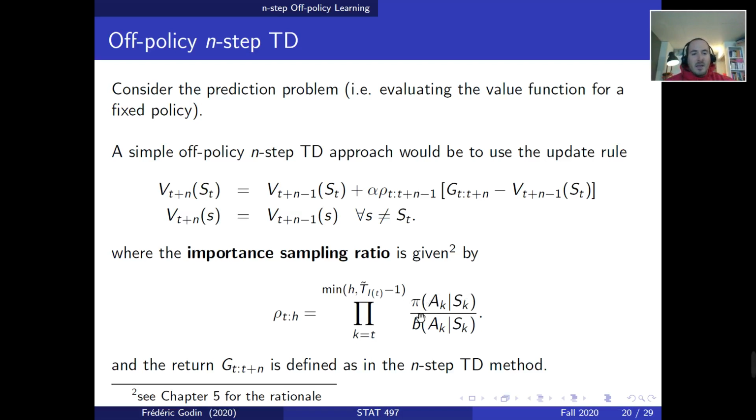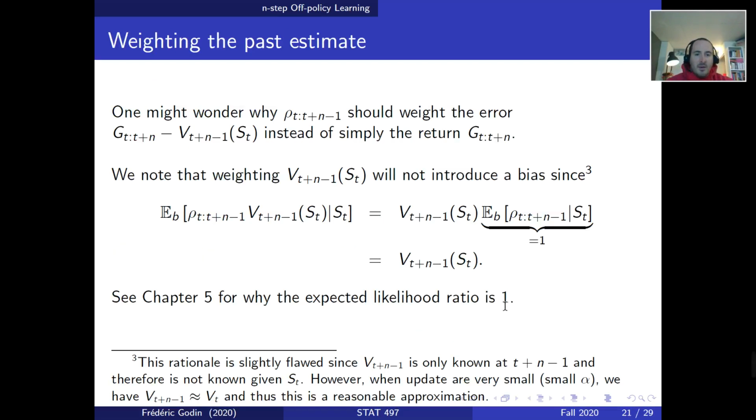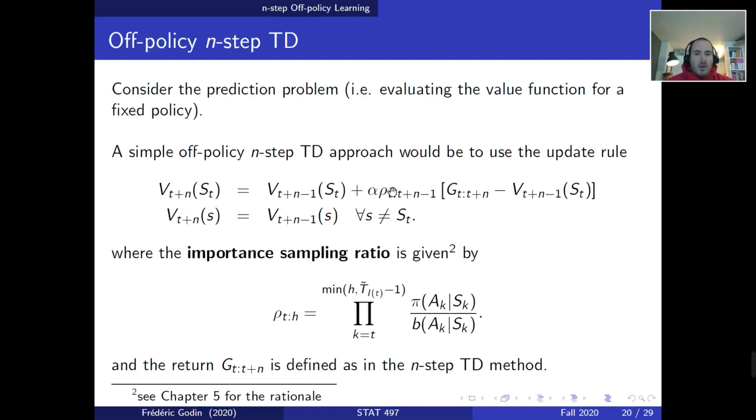In that case, importance sampling ratios would become zero if some non-greedy actions are selected. And if we go to the update rule here, when this is zero, there's no update performed. So we see that by using this technique, although in theory it's very good, in practice there are multiple instances where no update is done because the importance sampling ratio is zero, so this can tremendously slow learning in practice.